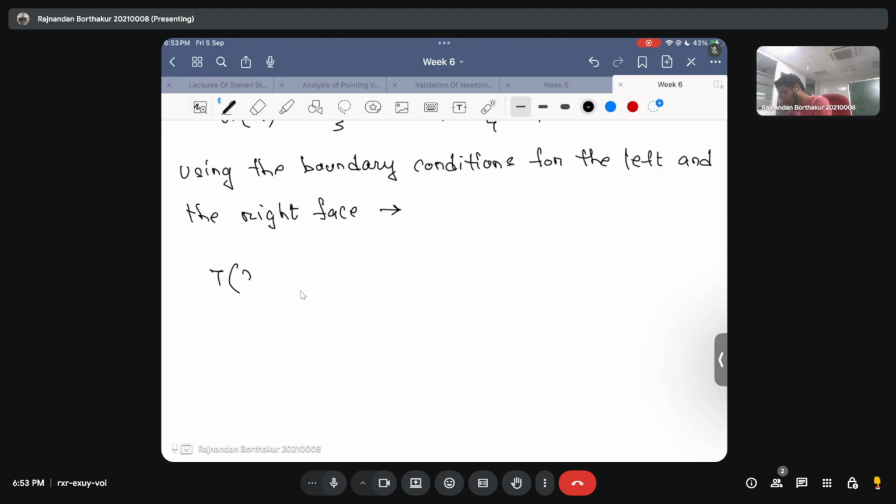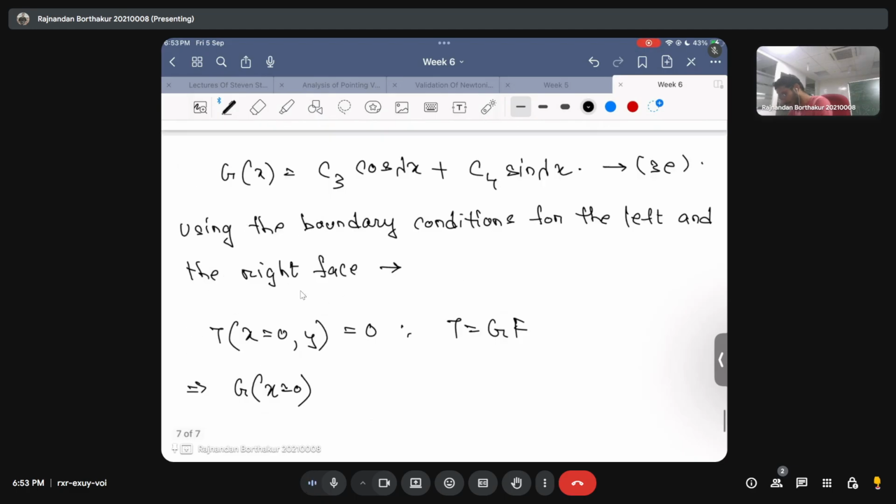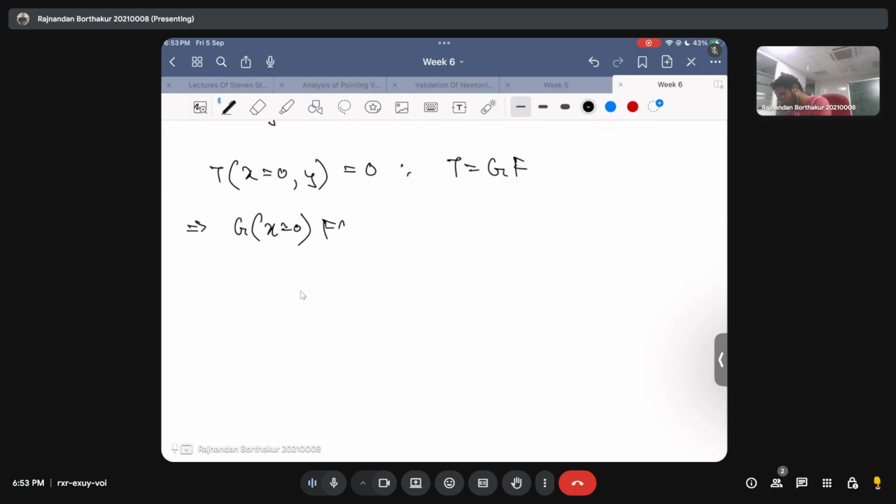What do we have? We have t at x equal to 0 for all y equal to 0, but we are assuming that my t is equal to g times f basically. So I can then write that my g at x equal to 0 times a generic f of y is equal to 0. And then again the same argument. My f of y cannot be equal to 0 because this is just a generic function of y.